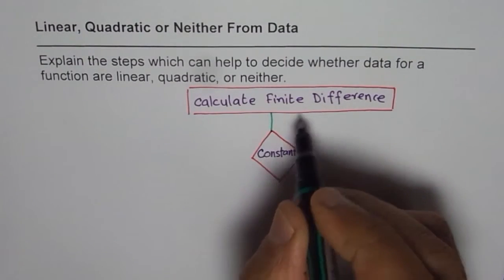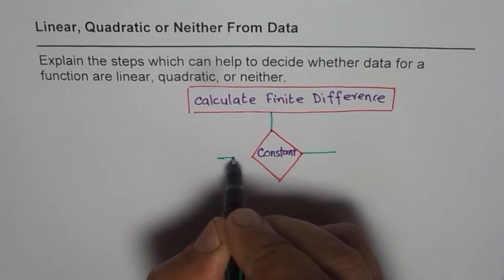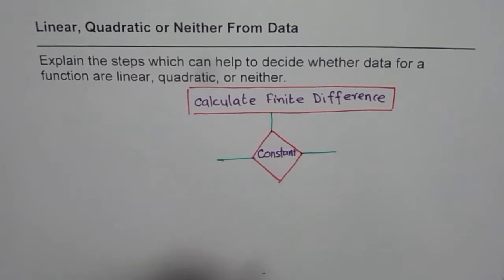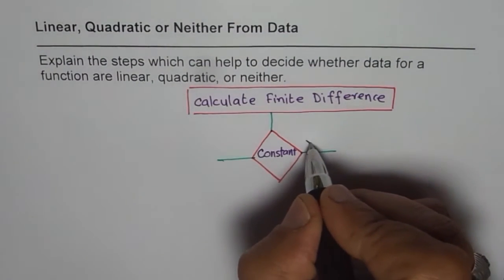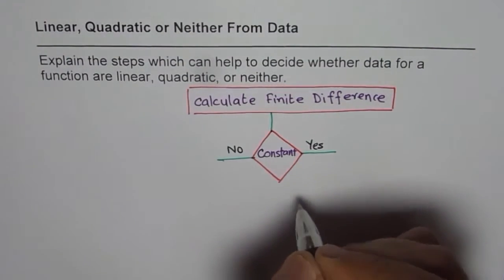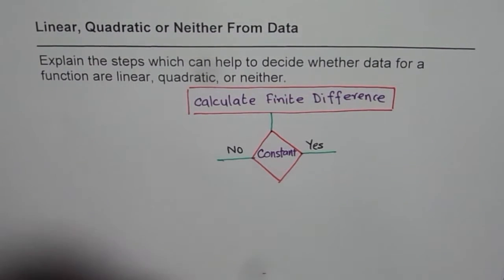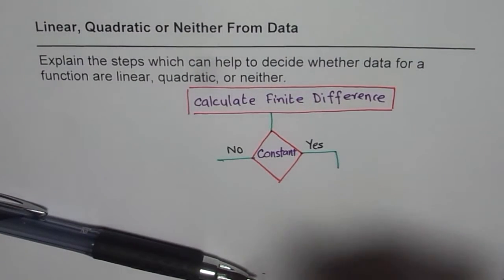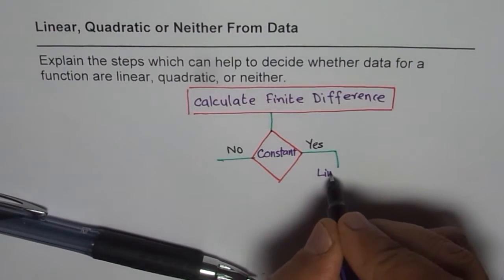The first time you find the finite difference, if you get the data constant, then it is a linear function. So we see whether it is yes or no. If the first finite difference is constant, we know it is going to be a linear function, so let me write down here: linear function.